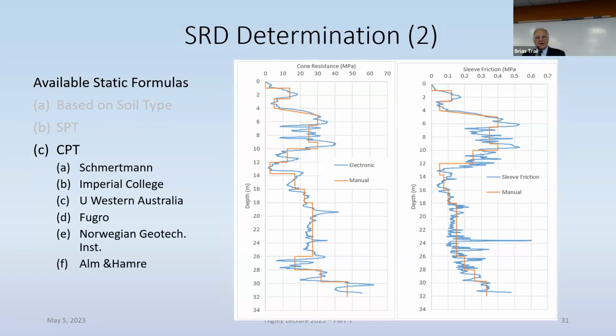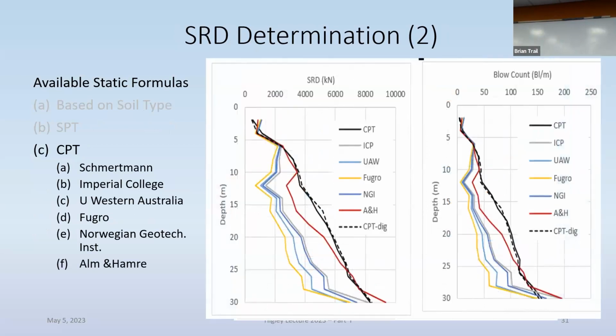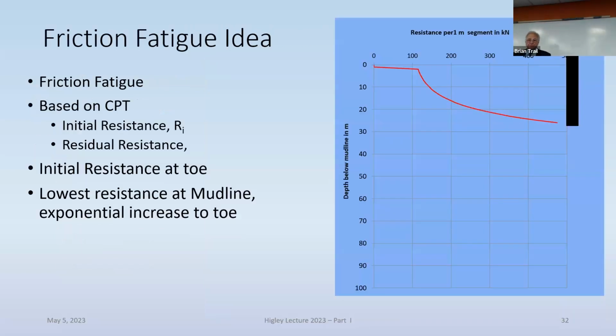And these methods B through E were specifically made for offshore pile driving. So they are the darlings of the industry now. And you can see the different capacities, SRD, and then also calculated blow counts that you might get from these different methods. So there's always a variation.